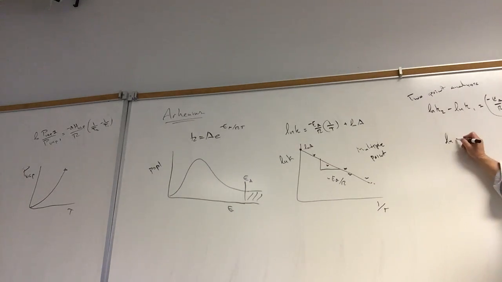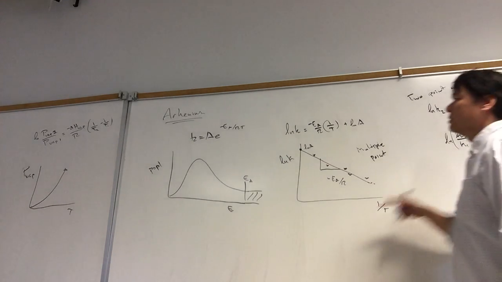When we subtract them, we can just take k2 divided by k1. And this is going to equal, looking at this, the ln of A's will cancel, and that leaves us, and we'll factor out the EA over R, so we get minus EA over R, 1 over T2 minus 1 over T1.